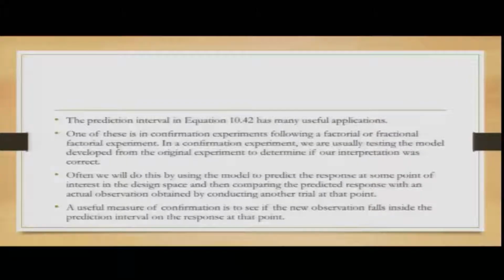Often we do this by using the model to predict the response at some point of interest in the design space, and then comparing the predicted response with the actual observation. It can be a useful measure for confirmation, to see if the new observation falls within the confidence interval, so that we are quite confident that the predicted values and whatever model we have proposed are right.